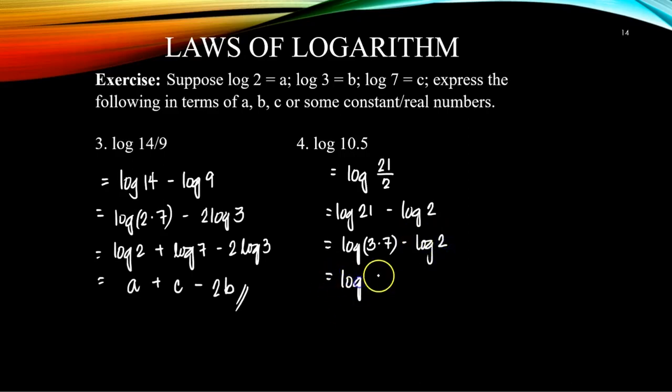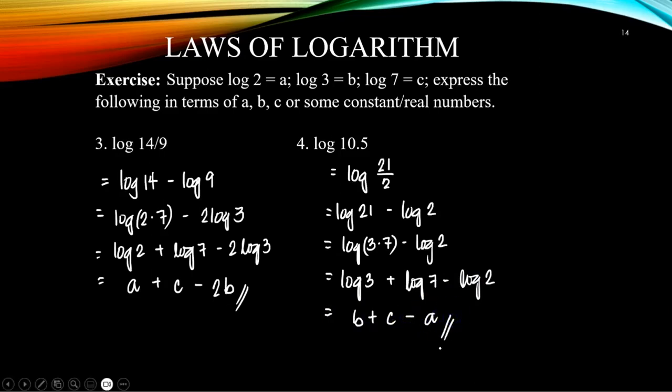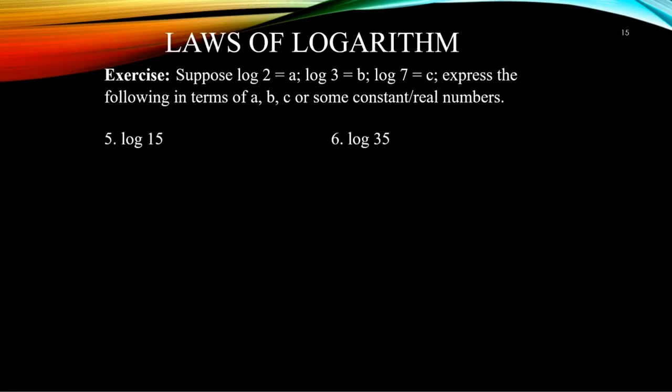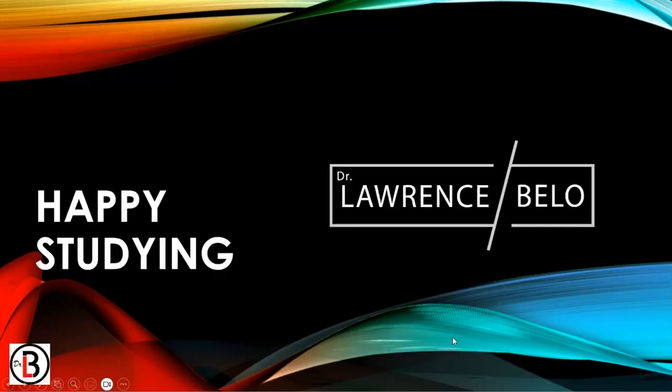So this is log 3 plus log 7 minus log of 2. So logarithm of 3 is b, logarithm of 7 is c, minus logarithm of 2 is a. So those ones. I'll leave you with 5 and 6. Basically, that's it. Thank you very much.